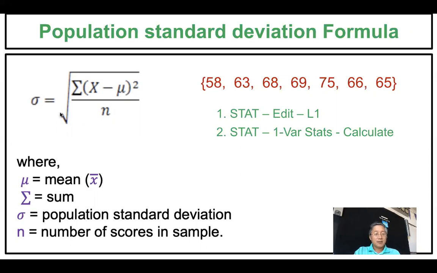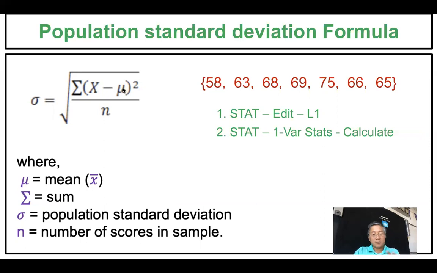How do we get it? Square root. Inside the square root, this symbol we learned before. It means sum, right? You are going to add all the data. Which data are you going to add? In the parentheses, x minus mean. This is the mean, right? So individual data minus mean.